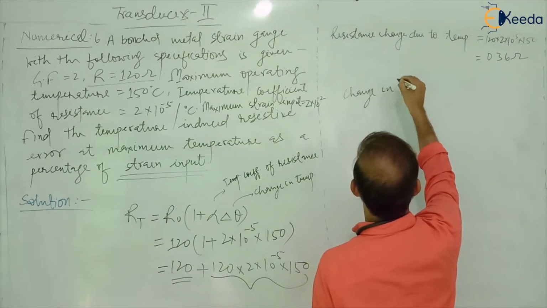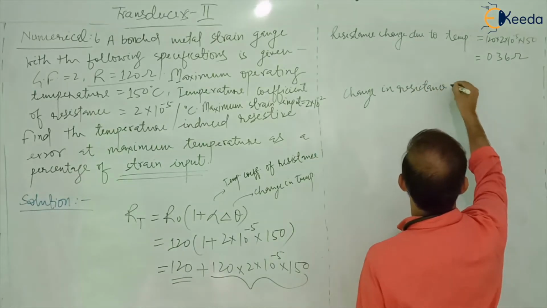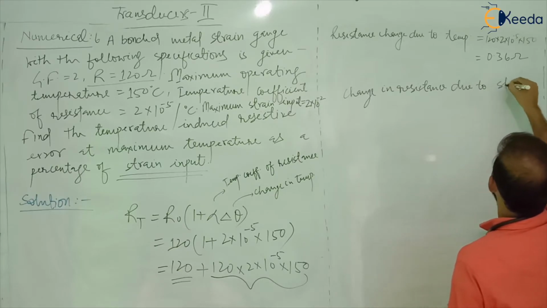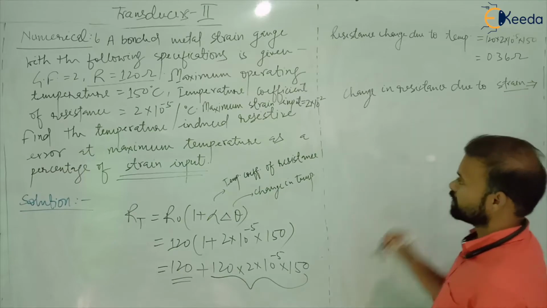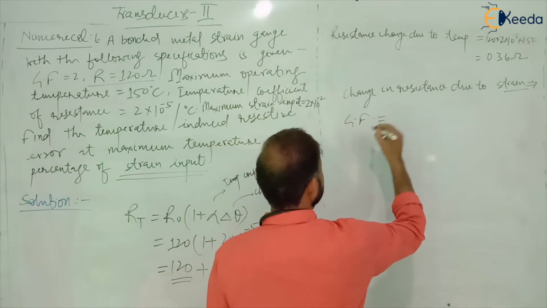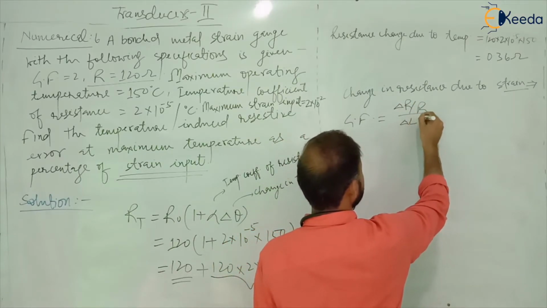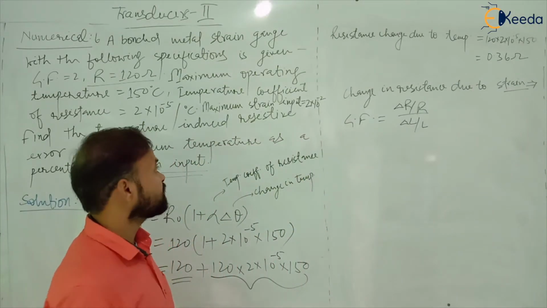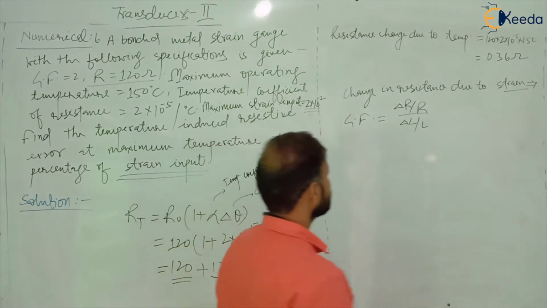Change in resistance due to strain. Now, for that we know the formula gauge factor is equal to delta R by R divided by delta L by L. Delta L by L is nothing but strain, and strain is given here as 2 into 10 to the power minus 2.